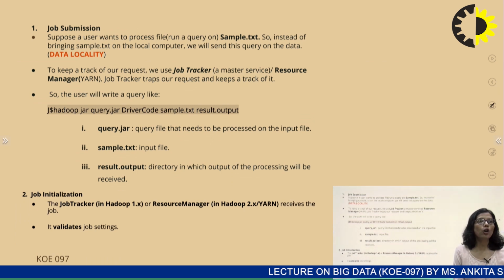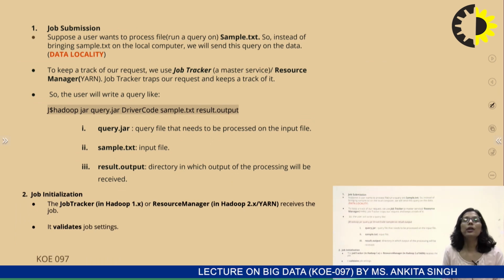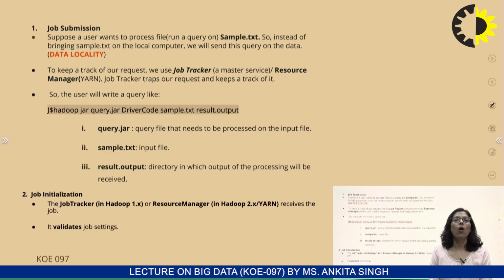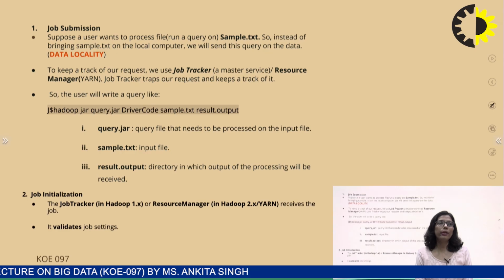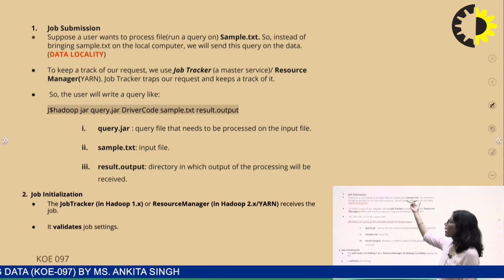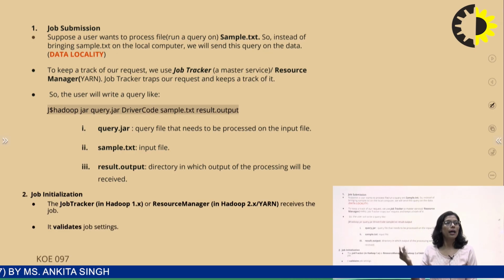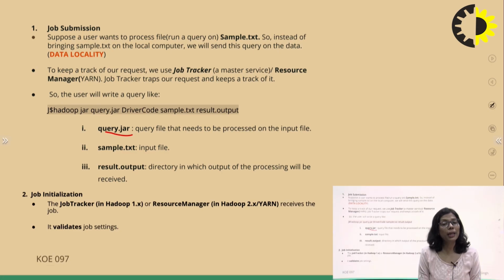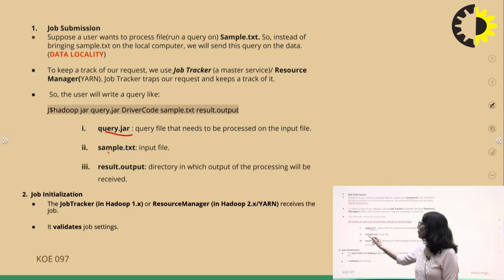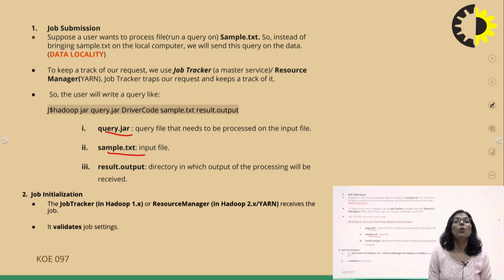Now first is job submission. Suppose I have a query to be made on a set of data in Hadoop. So I will have my query file called query.jar. This will have my queries and what I want to get from the data. Next, I will have a sample.txt, which is my input file and consists of all the data.